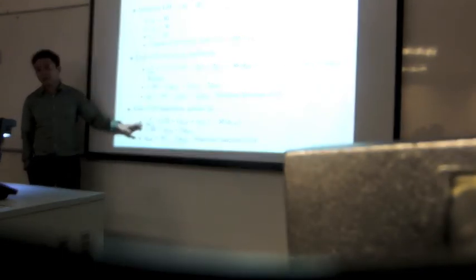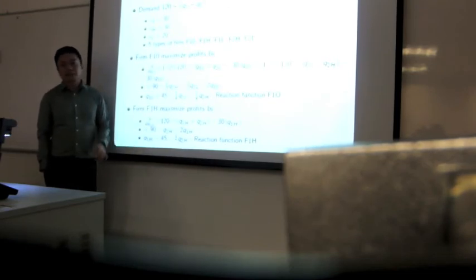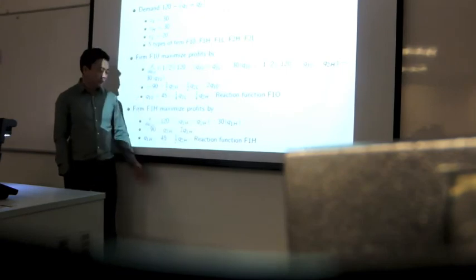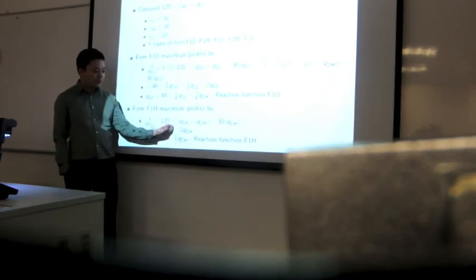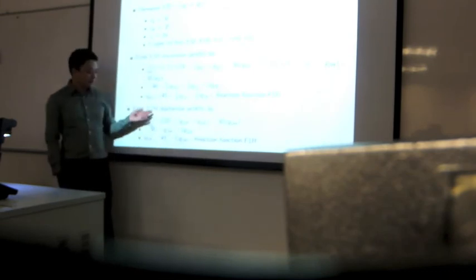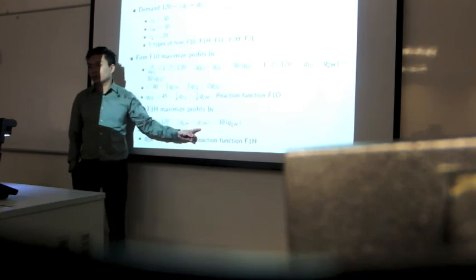Now firm 1H is firm 1 who knows for certain that it's high cost. So if you know for certain, then there's no uncertainty. Firm 1H will produce Q1H, and since it knows that cost is high, it knows that firm 2 will produce Q2H.